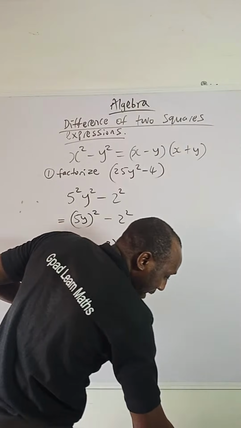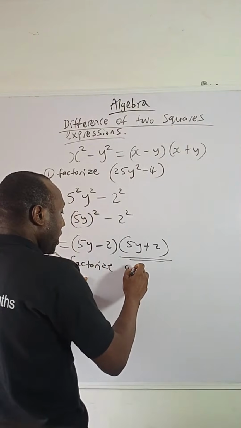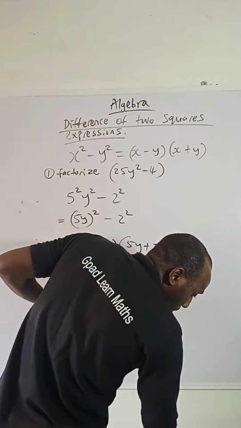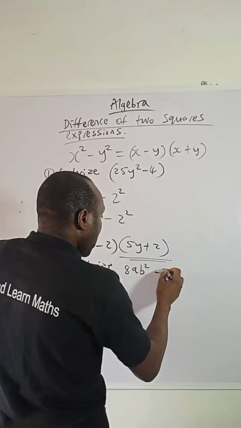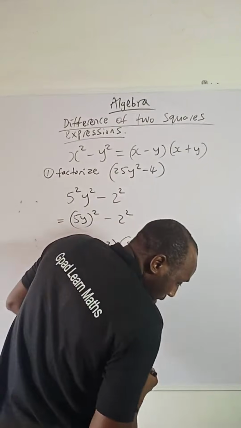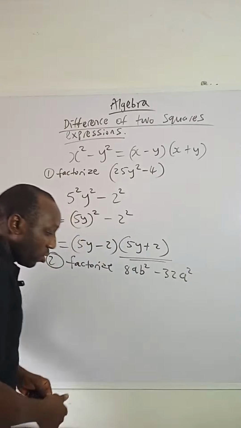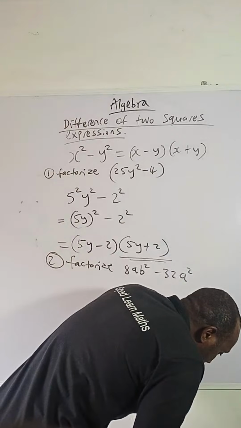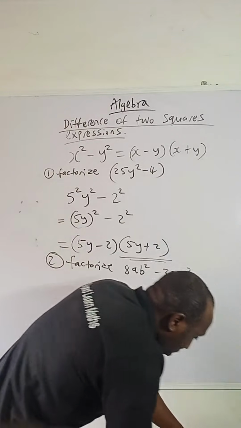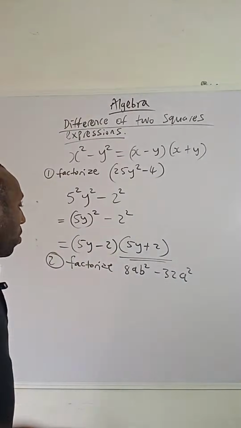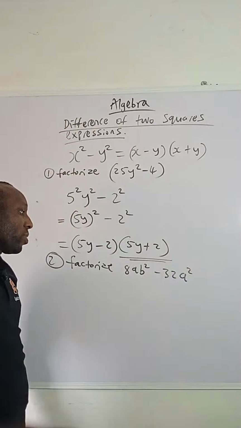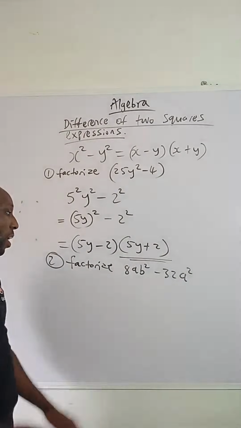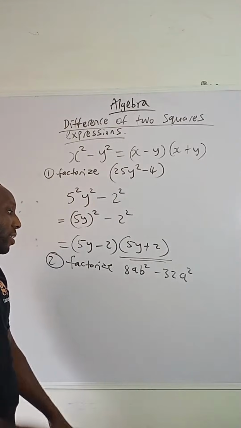So factorize 8ab squared minus 32a squared. How do we factorize this? Who is helping us out with this? How are we going to factorize this?